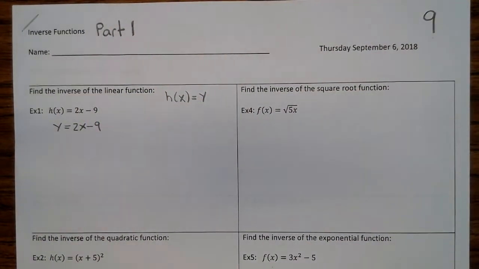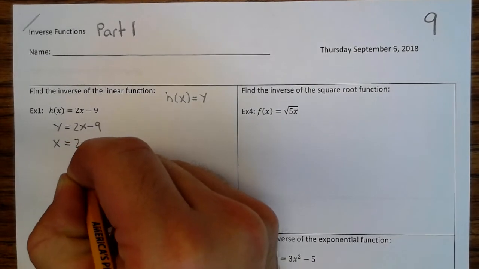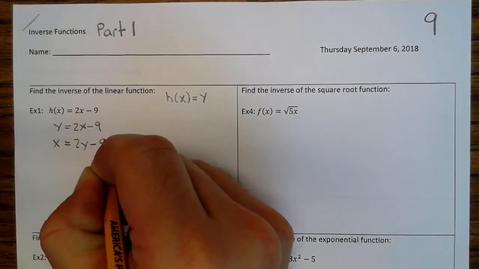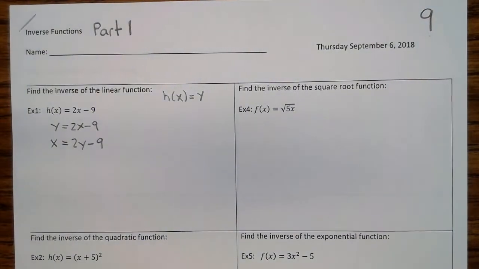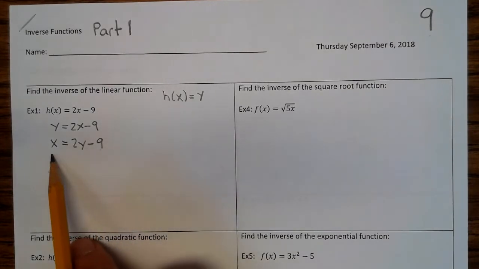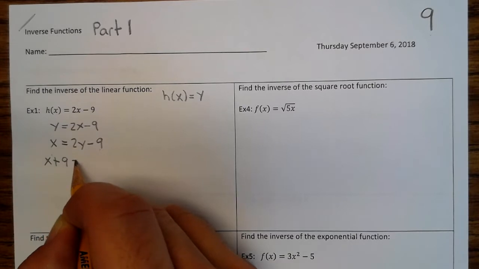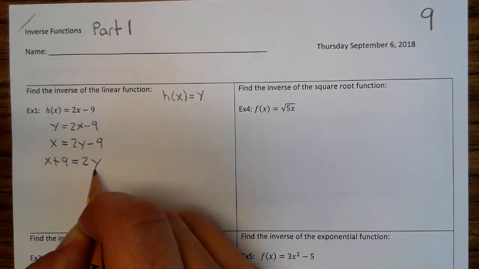All right, so you're going to switch the x and y. So you have x equals 2y minus 9. Okay? All right, so now we're going to solve for y. So our first step is we're going to add 9 to both sides. So that's x plus 9 equals 2y.